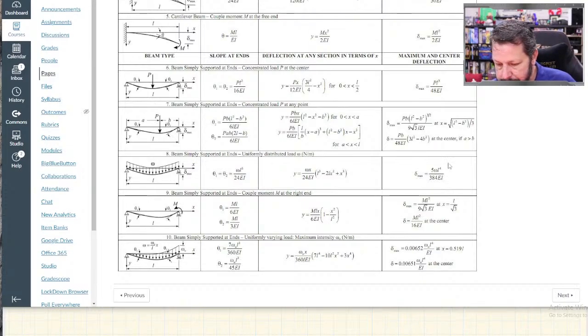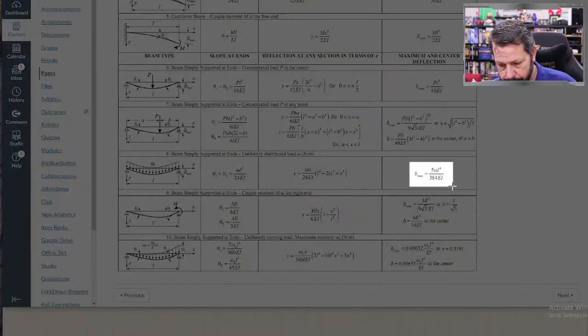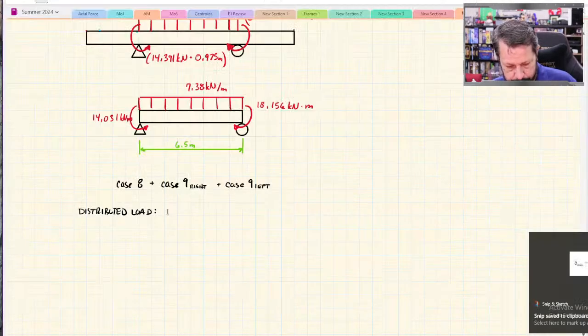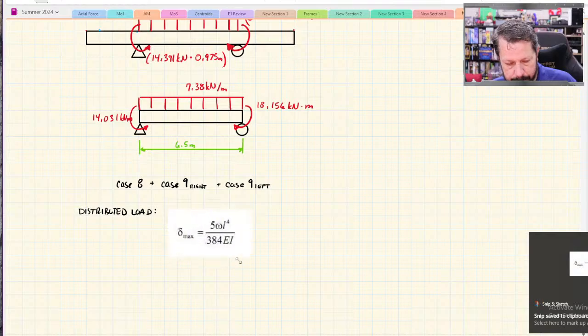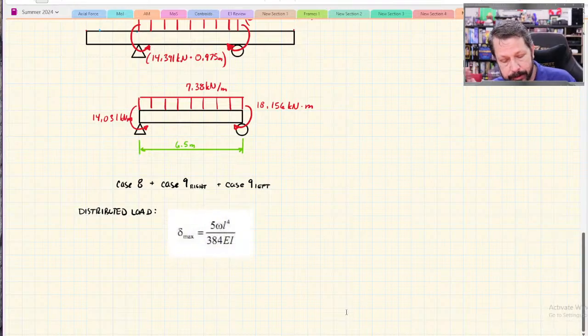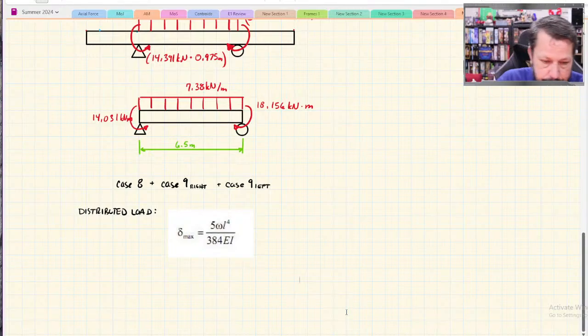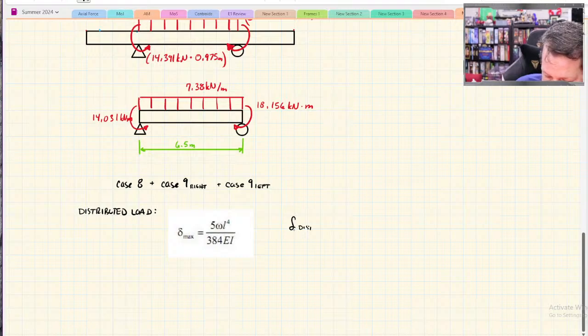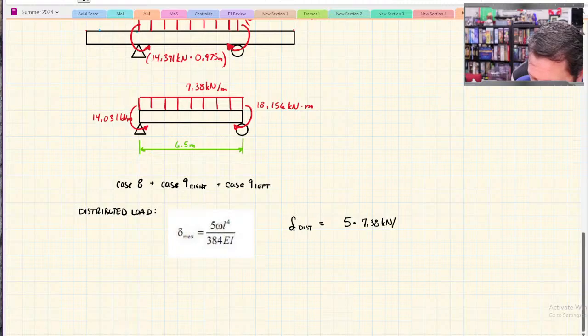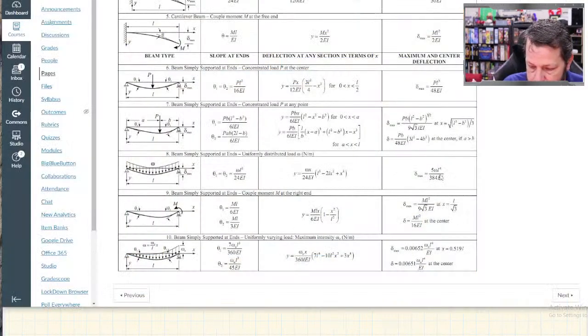So I'm going to use this last equation, that little guy, and we're going to calculate the deflection at the center of the beam due to the distributed load. Delta, we'll call it dist, equals 5 times omega, the value of the distributed load, 7.38 kilonewtons per meter, times L. L is the length of the span, so we have to make sure that we're using the L in our diagram.